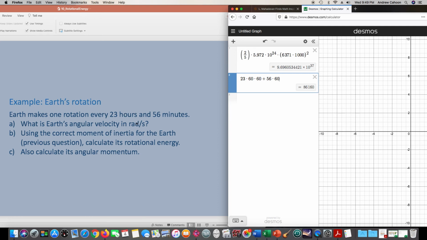One rotation is 2 pi radians, so our angular speed is going to be 2 pi divided by 86,160 seconds. So it's a very small number, 0.0000729 radians per second.